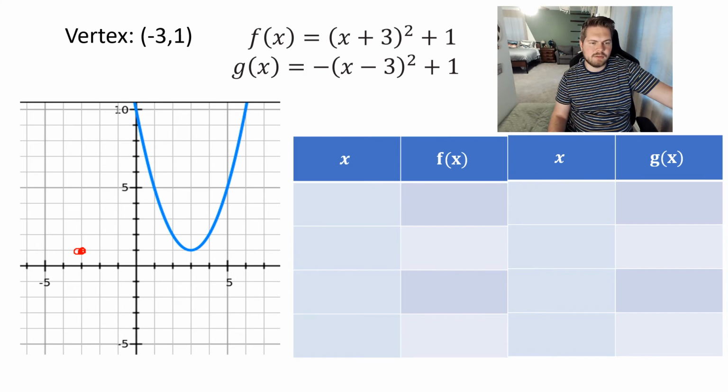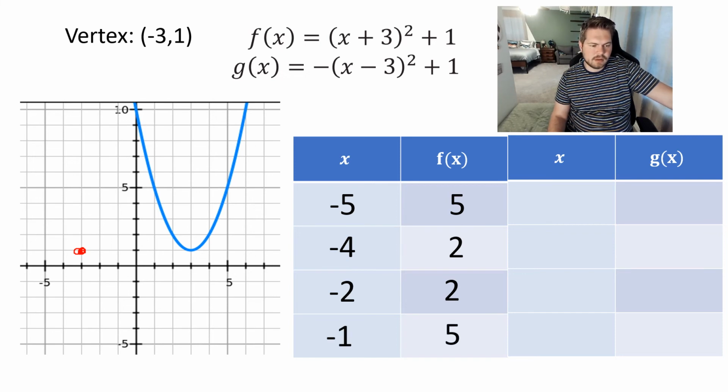Sorry, I jumped ahead. Let's look at the first one. If we plugged in negative 5, f of x here, negative 5 plus 3 is negative 2 squared plus 1, 5. We plug in negative 4 plus 3 is negative 1 squared, 1 plus 1 is 2. We know our vertex is negative 3, so we jump to negative 2, we get 2, negative 1, we get 5.